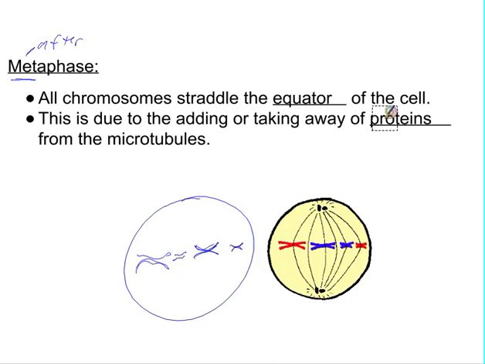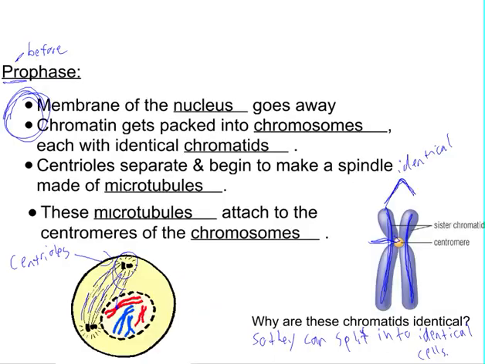Okay, here's how it works. You saw it before. They are not lined up, right? So these spindles will eventually hook up, and maybe this one, if it needs to go up a little bit, a spindle is going to attach down here and pull up by taking some away, and the centromere down here might add some fibers or proteins to the microtubule to make it longer.